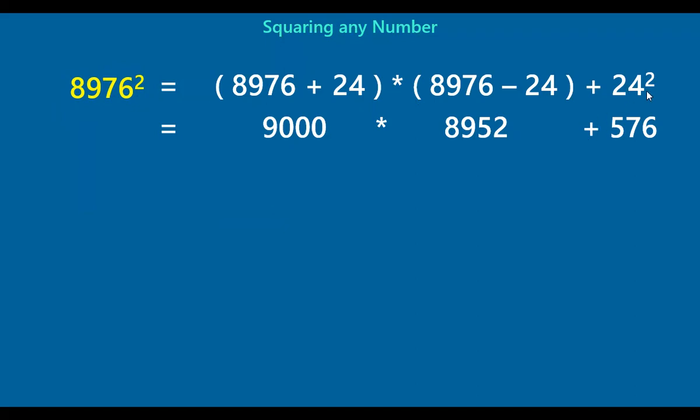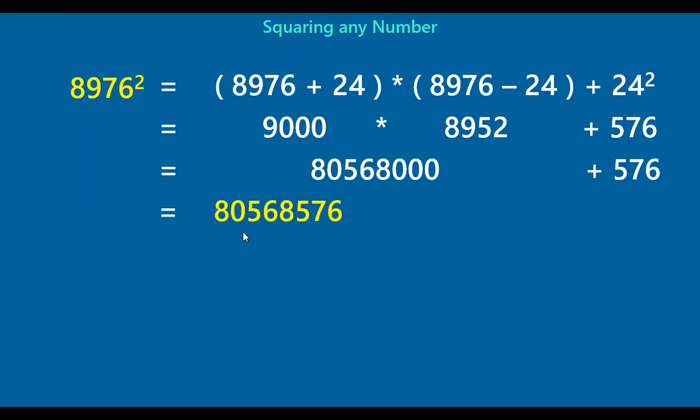So plus 24 square. We know that 576. So multiply this with 9 and get 3 zeros. You get this value plus 576. You can just add this in the 3 zeros places. You get 576. So the answer is very simple. So like this, you can get the square of any number with any number of digits.